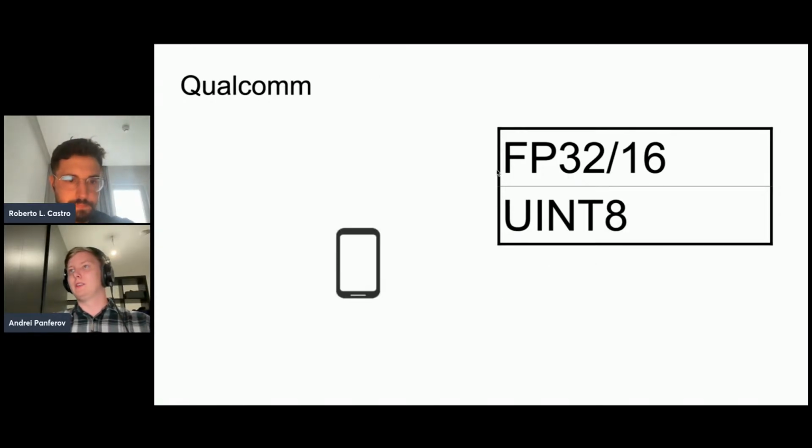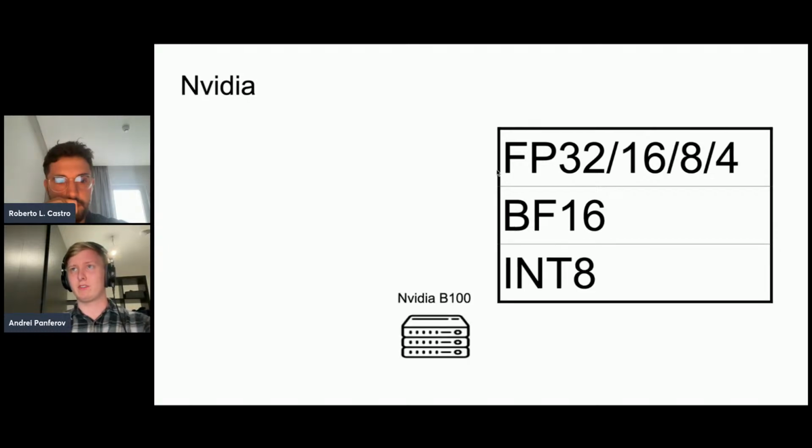And if we take a look at Qualcomm's recent processors, they took a slightly different approach, where instead of BF16, they used normal FP16, and instead of integer 8, they used unsigned integers. And in general, this trend has become somewhat complicated in recent years, especially from NVIDIA's side, where not only do they include FP32, 16, 8, and even 4-bit floating point numbers, but they also include bfloat numbers and even some integer numbers.